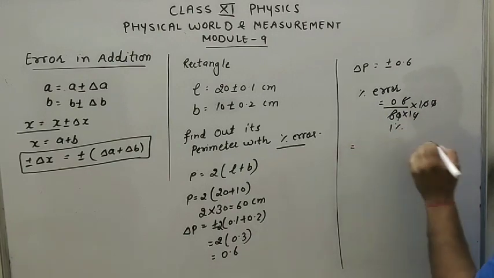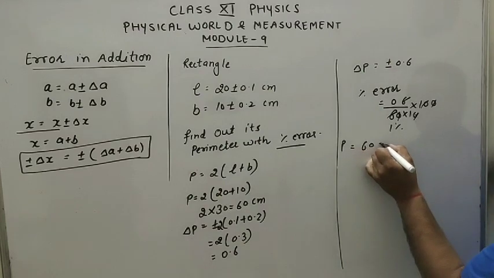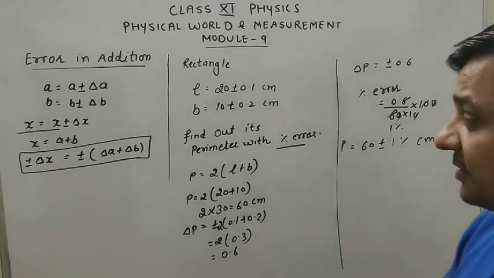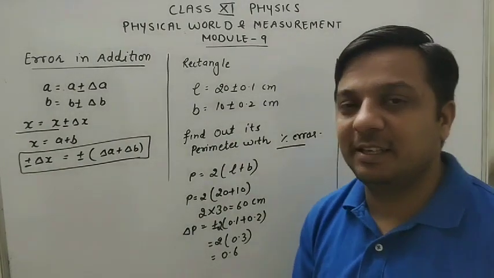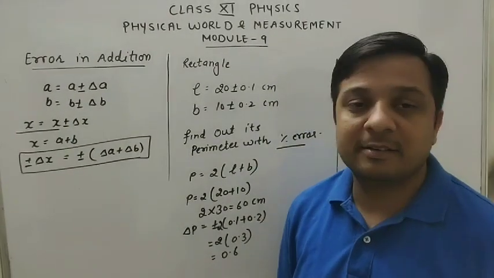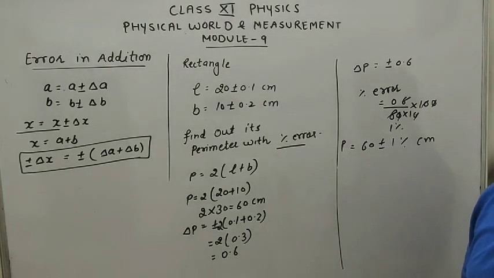So perimeter, you can write, is 60 centimeters plus minus 1 percent. So dear students, this is a very important formula, very easy. In the simple case of addition, you will add the errors, right? Is there any problem?